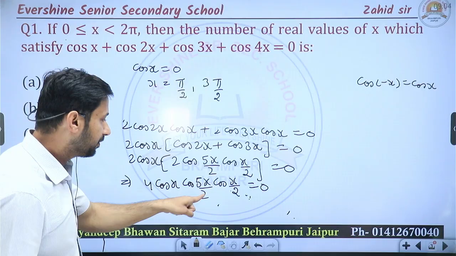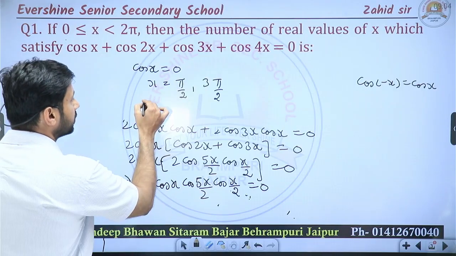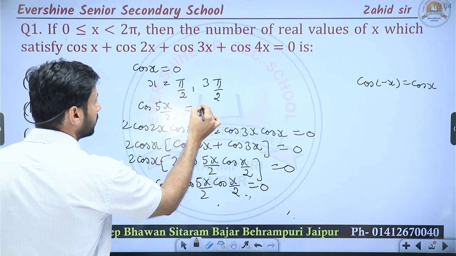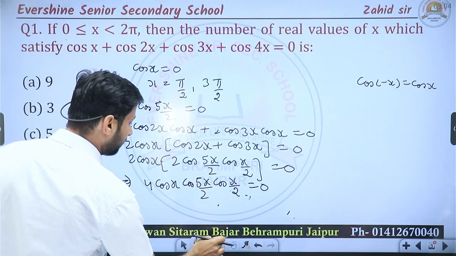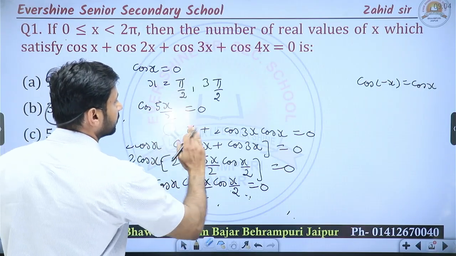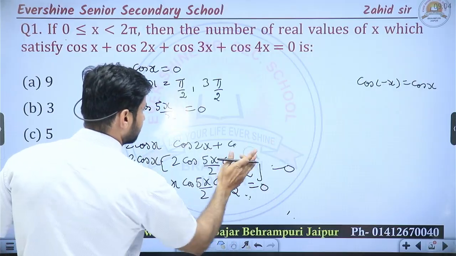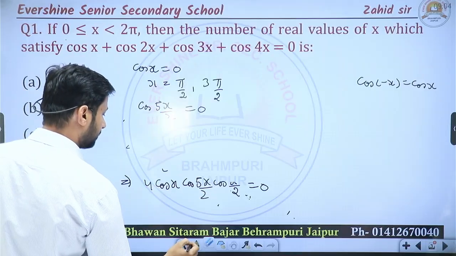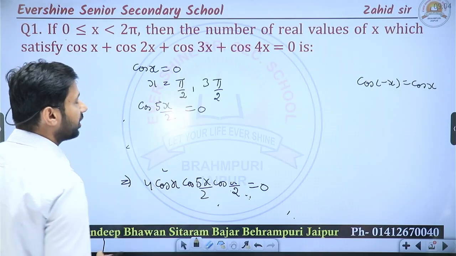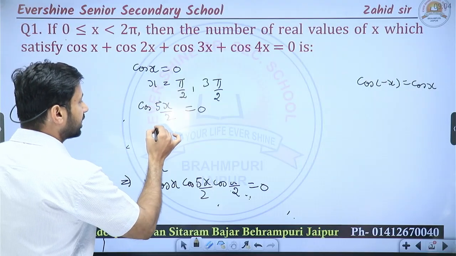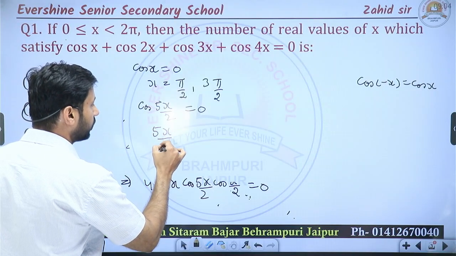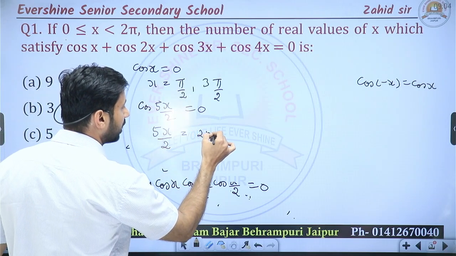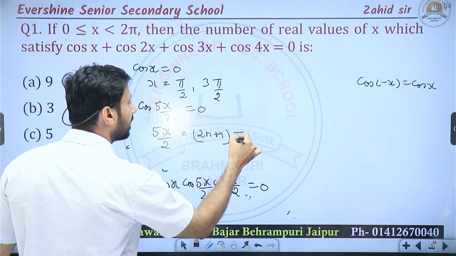Next, I'm going to put cos 5x by 2 equals to 0. So cos 5x by 2 equal to 0. Now I want to simplify it. Which gives 5x by 2 equal to odd multiple of pi by 2. So that will be (2n plus 1) pi by 2.